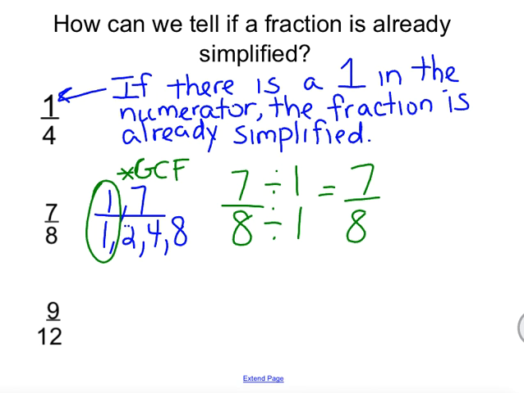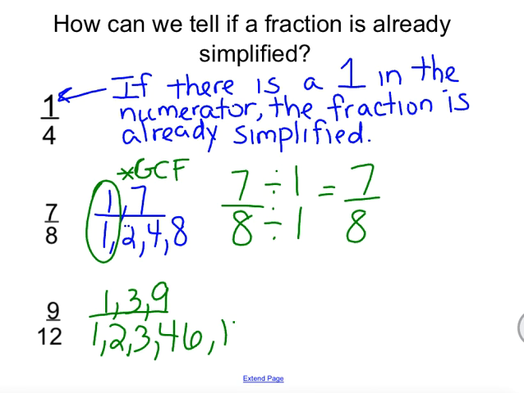So the factors of 9 are 1, 3, and 9. The factors of 12 are 1, 2, 3, 4, 6, and 12. Sorry, I forgot the comma. All right, so now I'm looking for common factors. I see they have a 1 in common and a 3 in common.